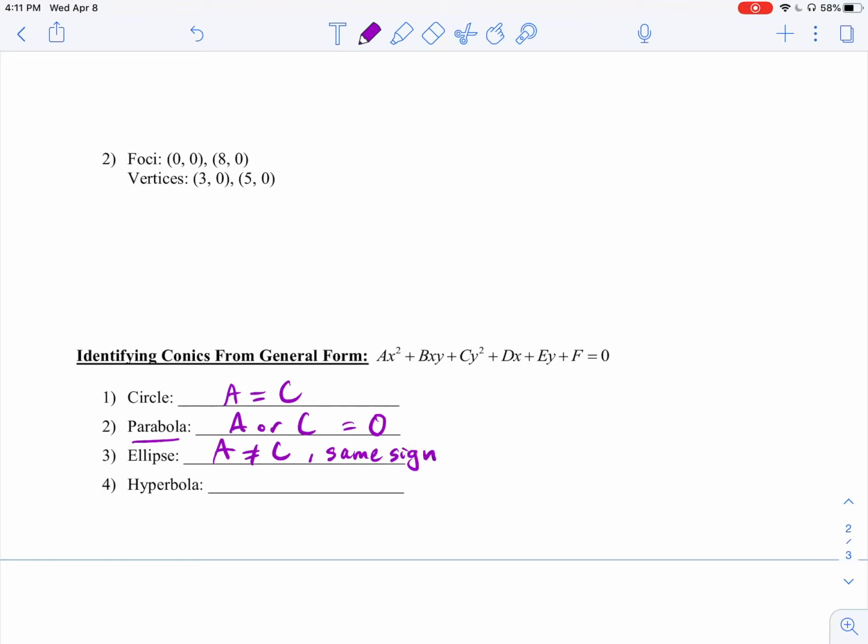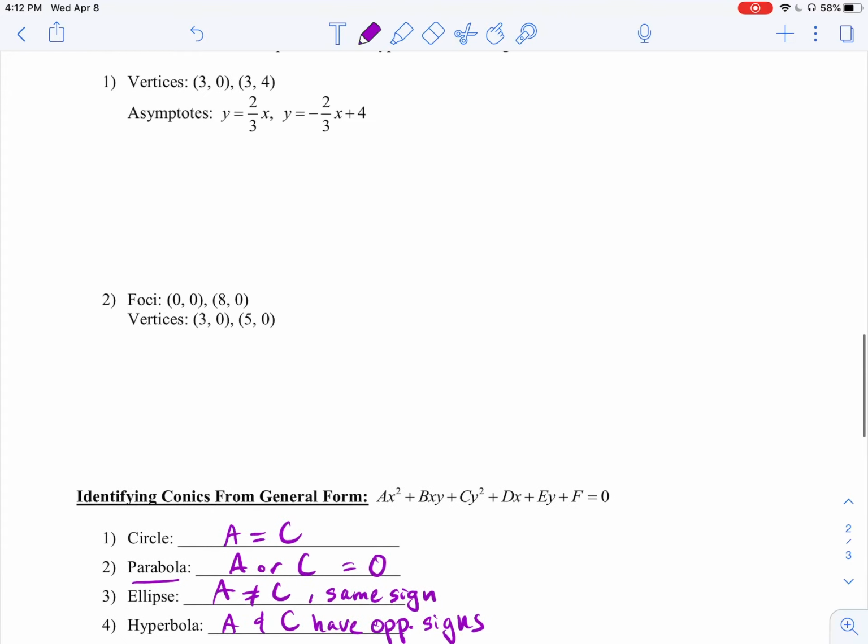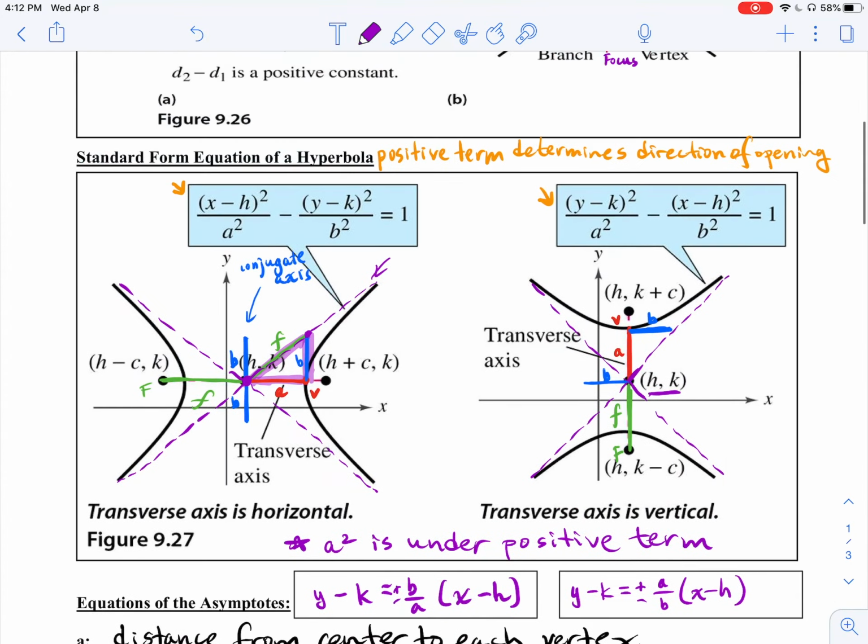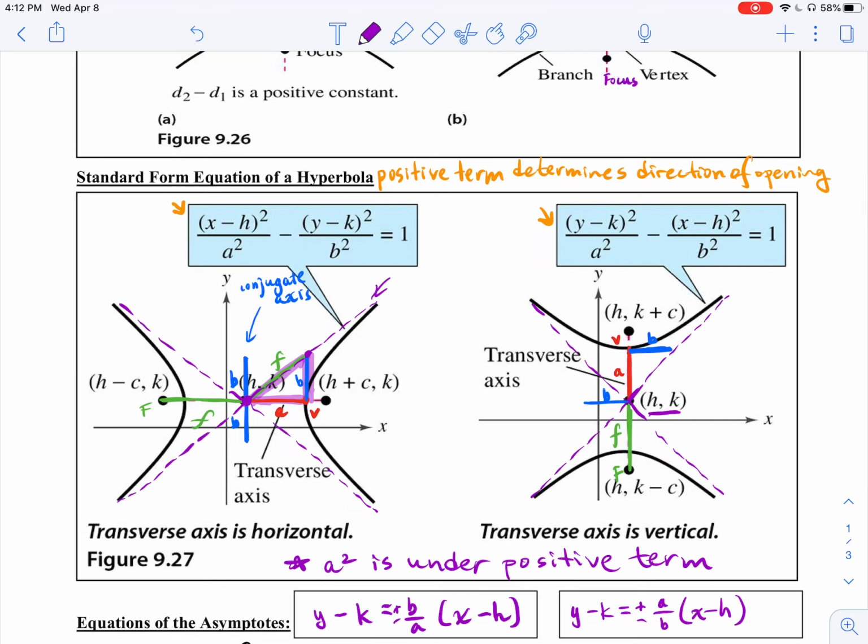And here's an important part about hyperbolas. It turns out A and C could actually be equal to each other. But what is important is that A and C have opposite signs. That is the critical part. So with ellipses, the denominators in your general form had to be different values.